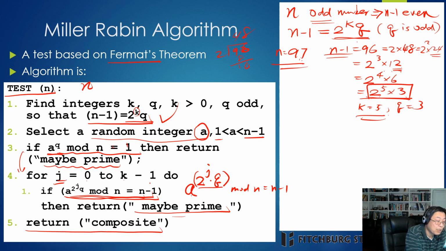So if this is not true for any j, then we claim that n is not a prime. But if one of these conditions is true, then we cannot say n is a prime, but we can say n is probably a prime. We still cannot exclude that n is a prime.